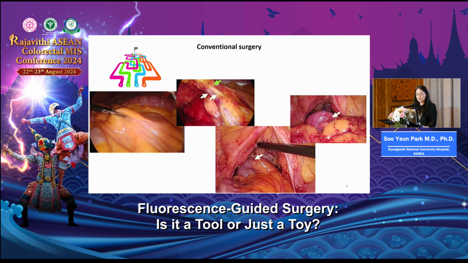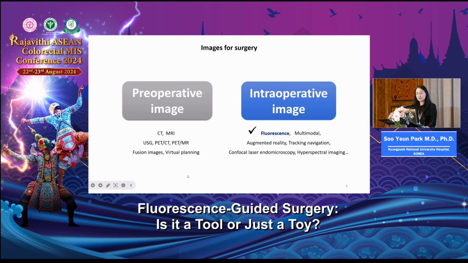During conventional surgery, we can see the inside of the layers after we peel the layers. And sometimes it's ambiguous or difficult to discriminate the condition of the organs. So currently there are many imaging tools we can use preoperatively or intraoperatively.